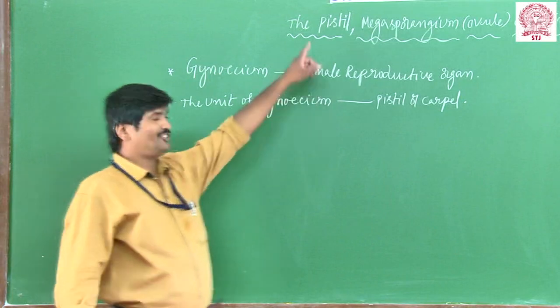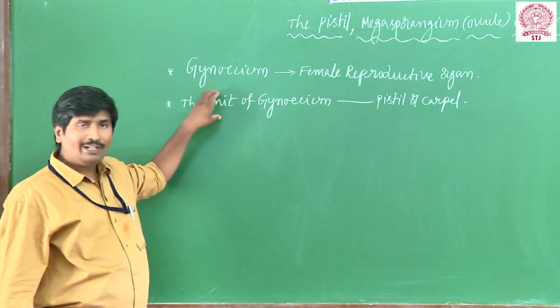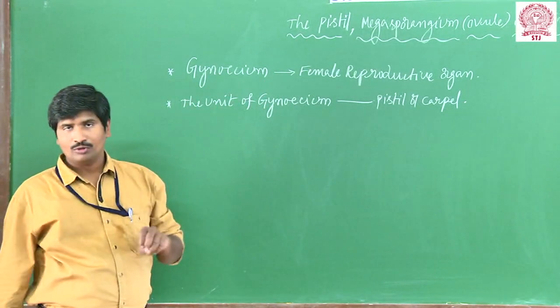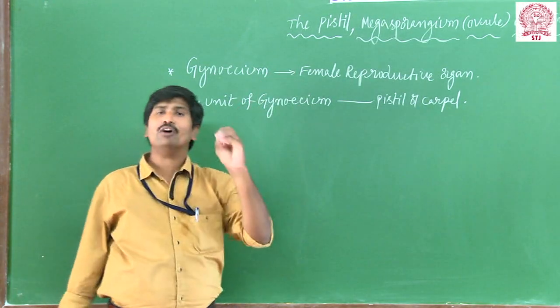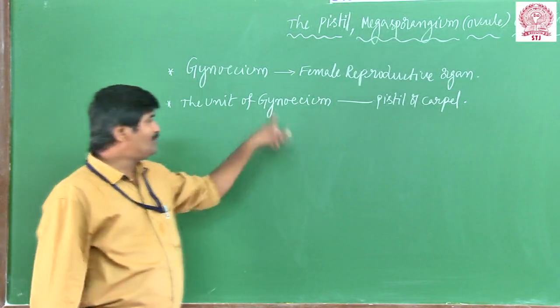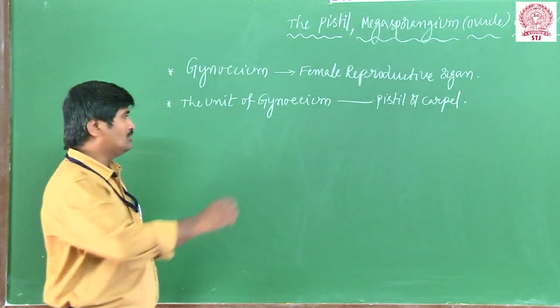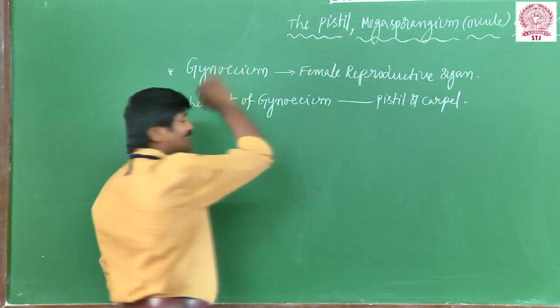Okay, pistil means the unit of gynoecium. What is gynoecium? The gynoecium is the female reproductive organ.